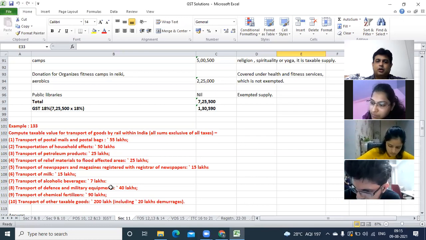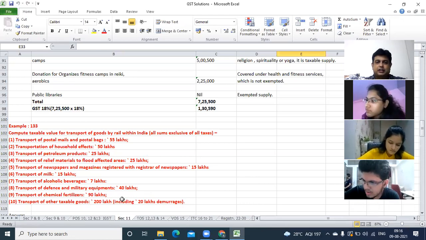Transportation of alcohol beverages, 7 lakhs. Transportation of defense and military equipment, 40 lakhs. Transportation of chemical fertilizer, 90 lakhs. And transportation of other taxable goods, 200 lakhs. You have to take the total.